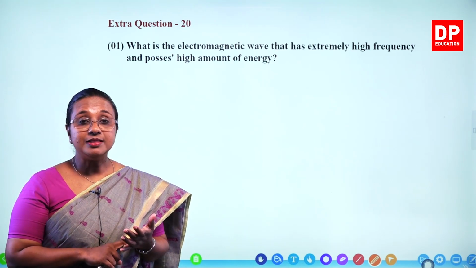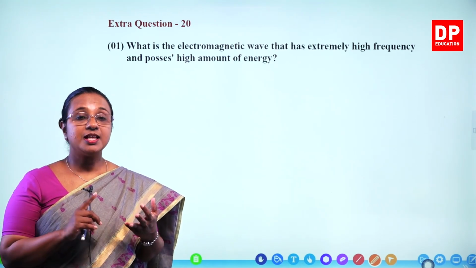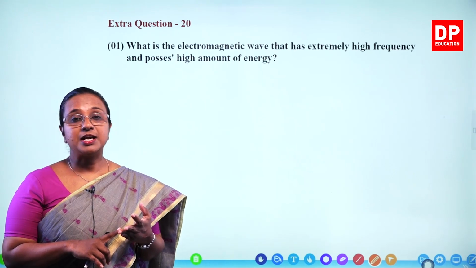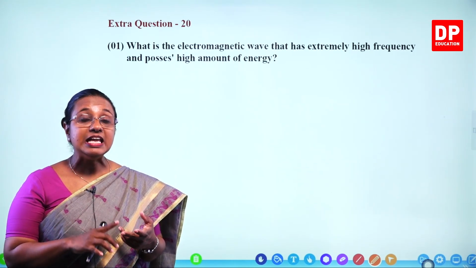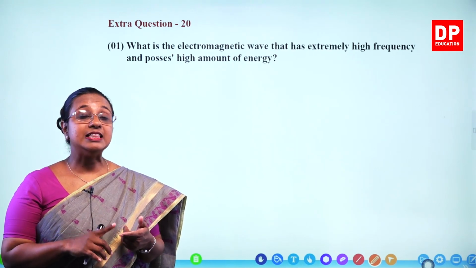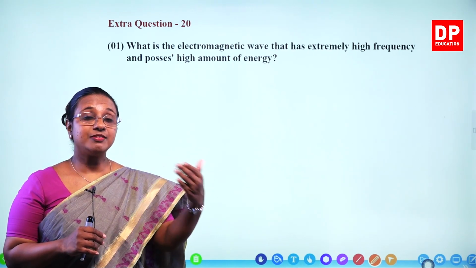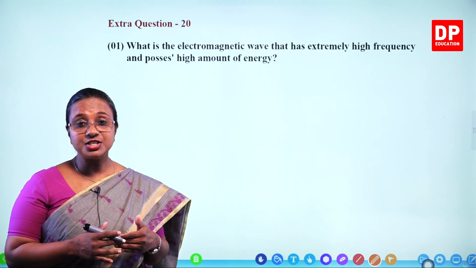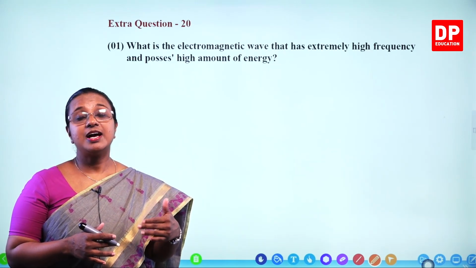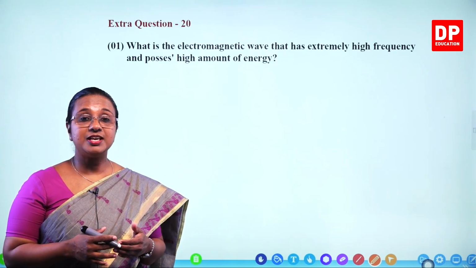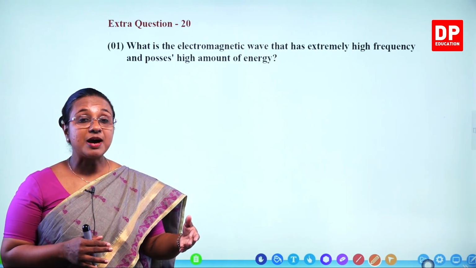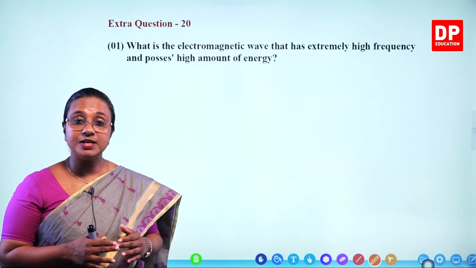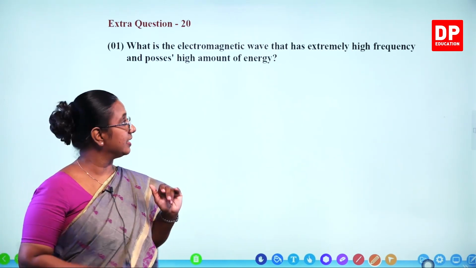We start with the radio waves, then we have the microwaves. After the microwaves, there is the infrared rays, then the visible region, after that the ultraviolet region, after ultraviolet, there is X-rays, and finally we have gamma rays. Gamma rays have the highest frequency and highest energy.